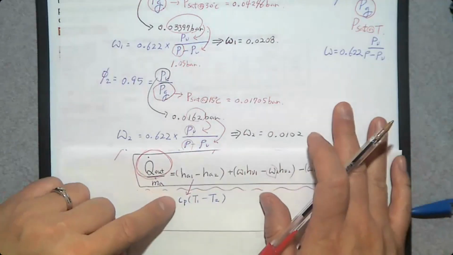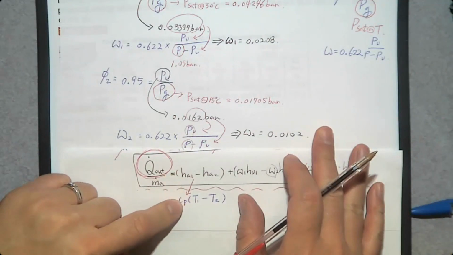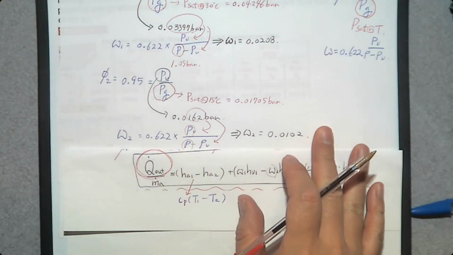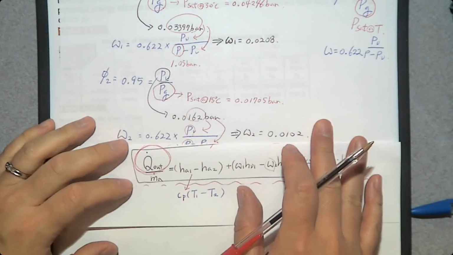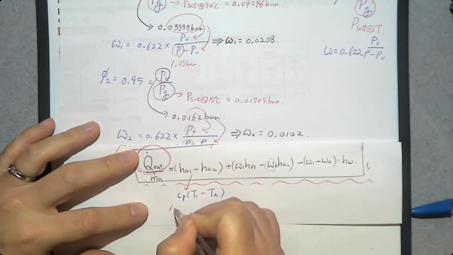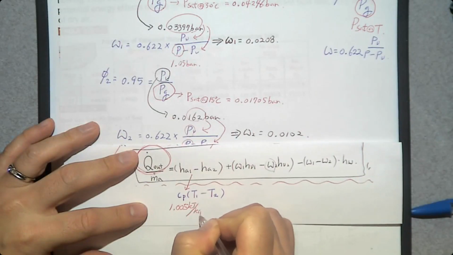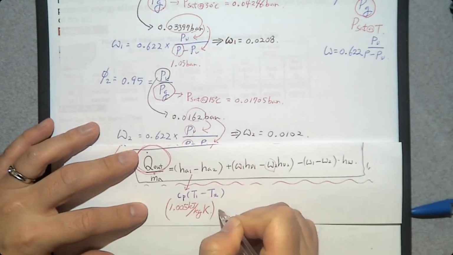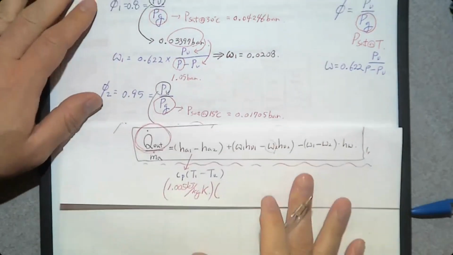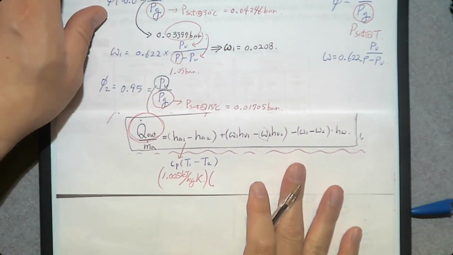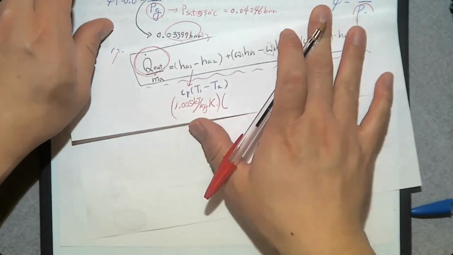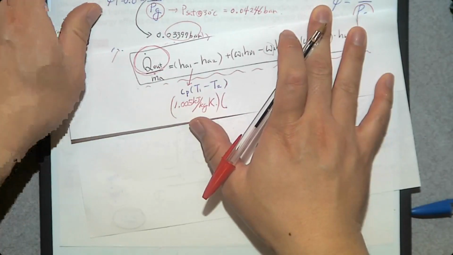So then what is this sensible heat? We can use 1.005 kilojoule per kilogram Kelvin multiplied by the inlet temperature, 30 degrees Celsius. Sorry, let me go up. I need a larger screen.